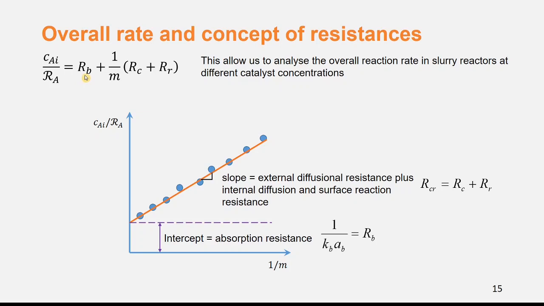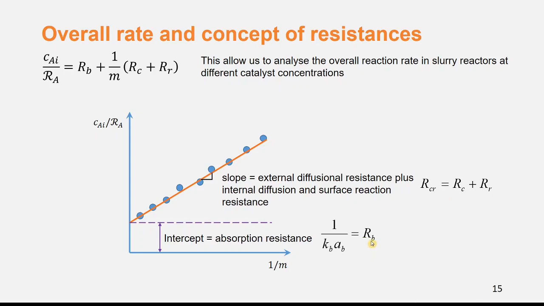So we just have to set up some experiments with different catalyst loadings M and measure the rate RA, which we can do. CAI we can get from the partial pressure of A, which we can control, and using the Henry's law constant. We can use this information to calculate the resistances and identify which one to focus on to improve the overall rate of reaction.